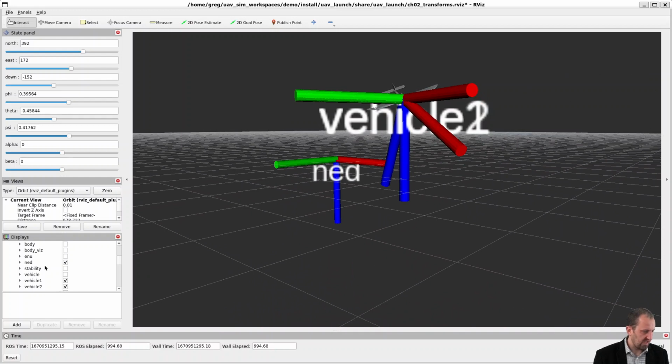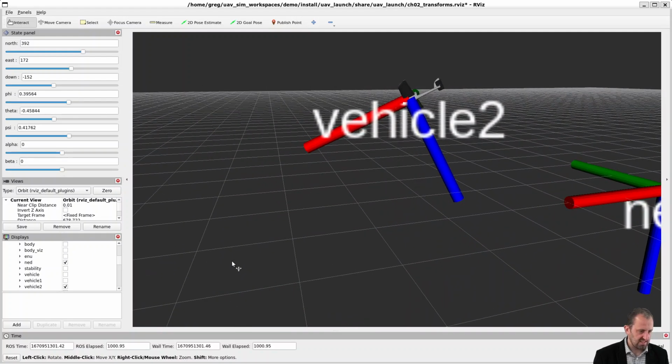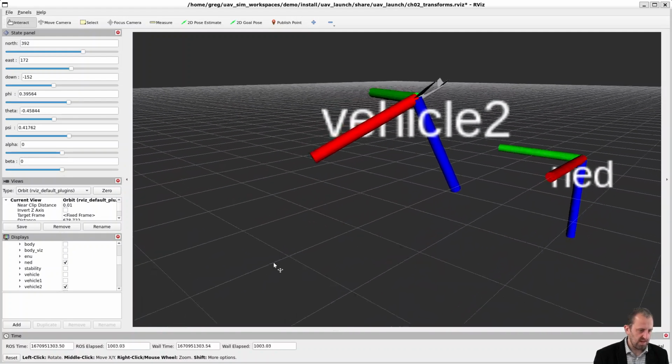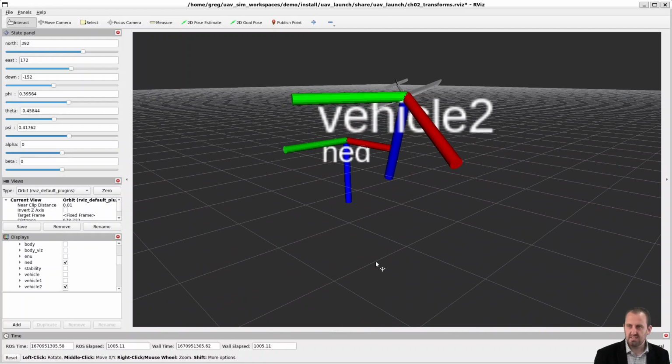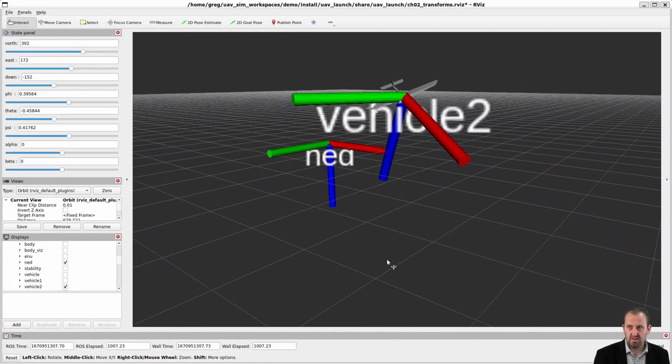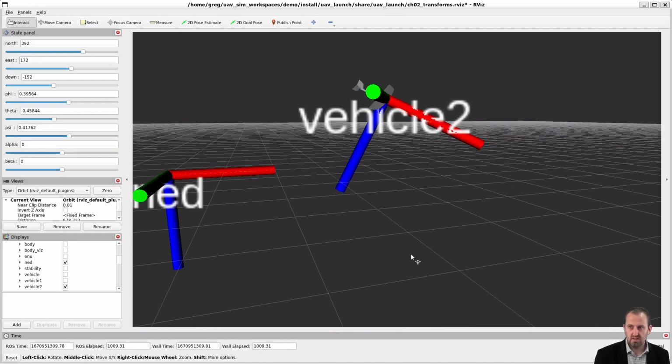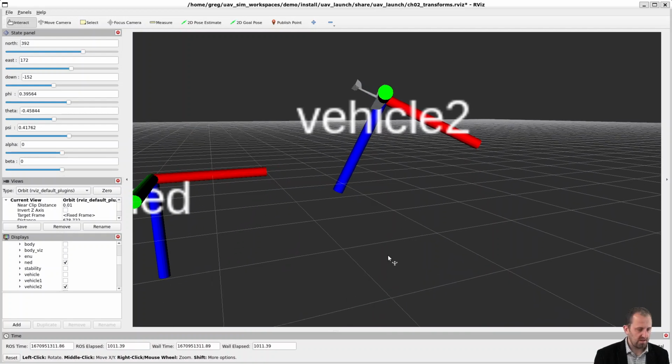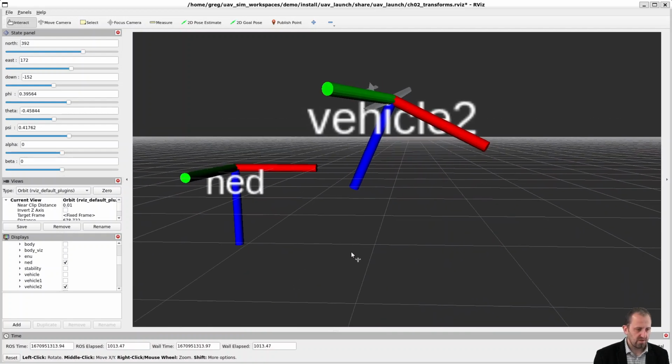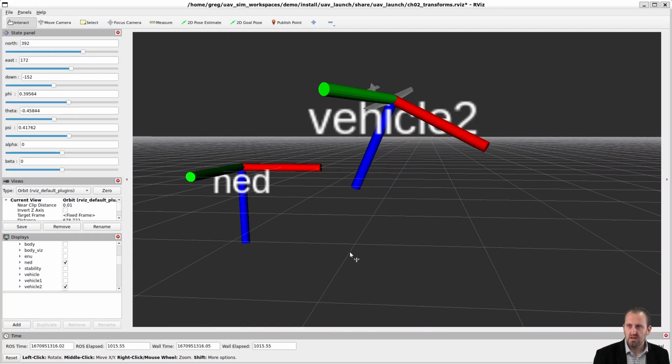Now, if we get rid of vehicle 1 so that we can see vehicle 2 better, we'll see that the x-axis is coming out of the nose of the aircraft. The other two axes aren't aligned with the aircraft, and they're really not necessarily aligned with anything meaningful. But we've now defined a frame where the x-axis is coming out the nose of the aircraft.